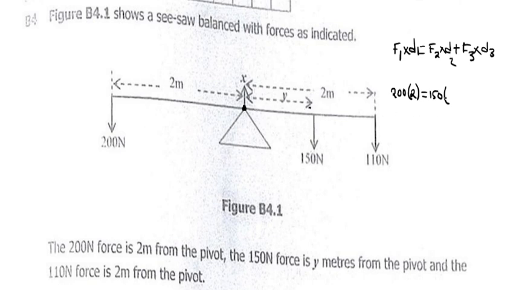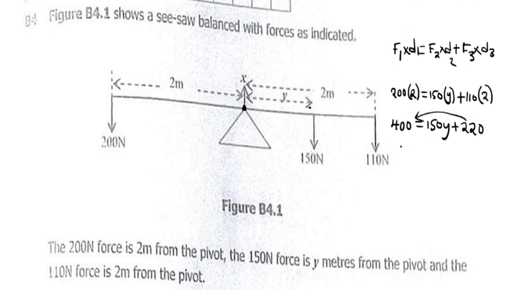So we have y there, plus the third force is 110. Then the third distance is 2 meters from the pivot. 200 times 2 is 400. 150 times y is 150y. 110 times 2 is 220.